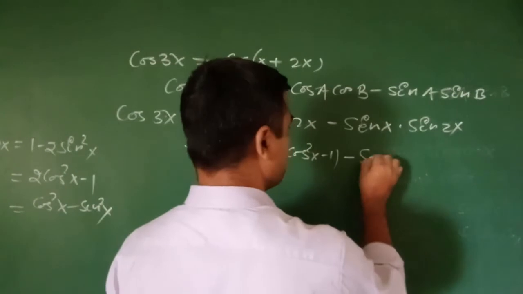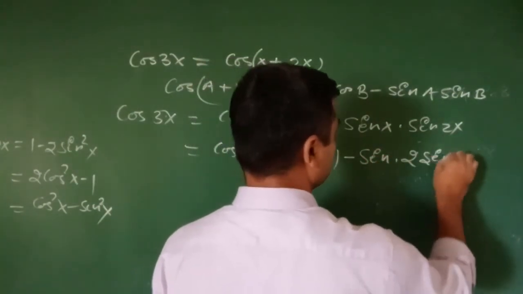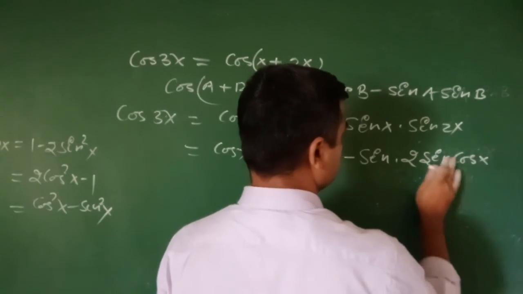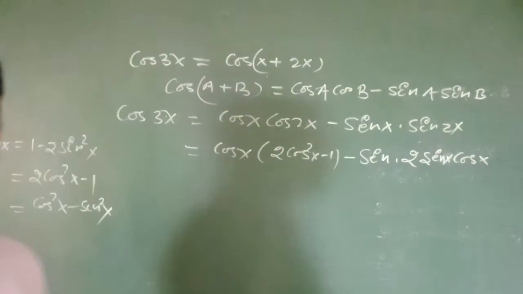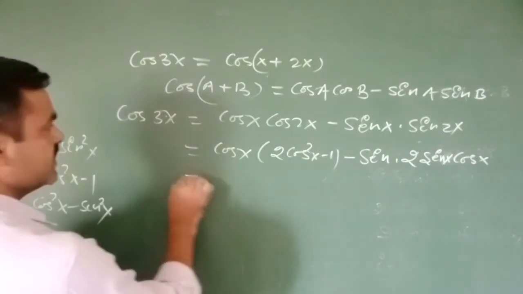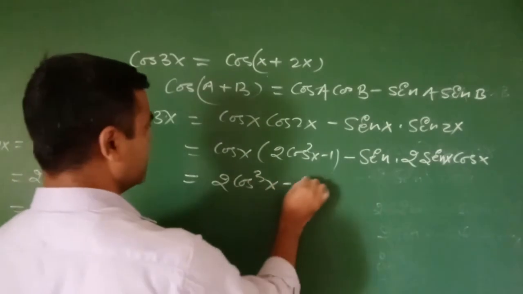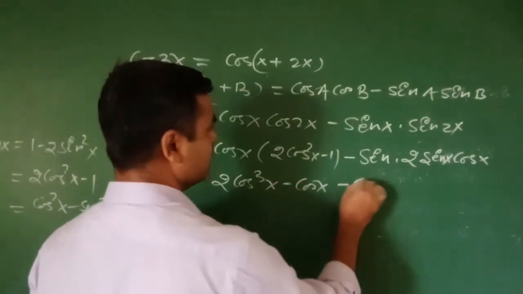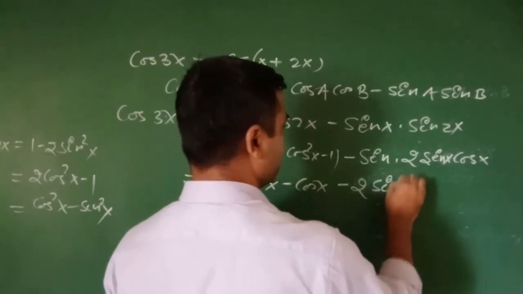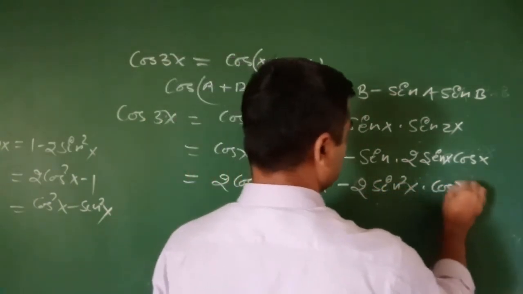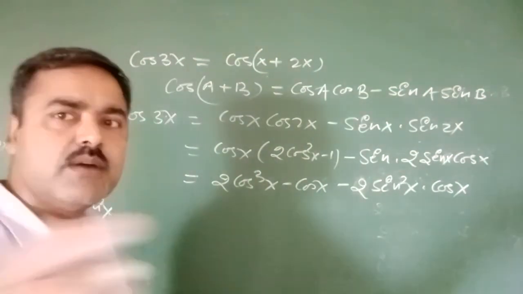Now let us see here minus sin x into this one is 2 sin x and cos x. Sin 2x equal 2 sin x cos x. So just multiply here. This one will become 2 cos cube x minus cos x minus, and if you multiply, this one will become 2 sin square x into cos x, where sin x is to be written in the form of cos x.